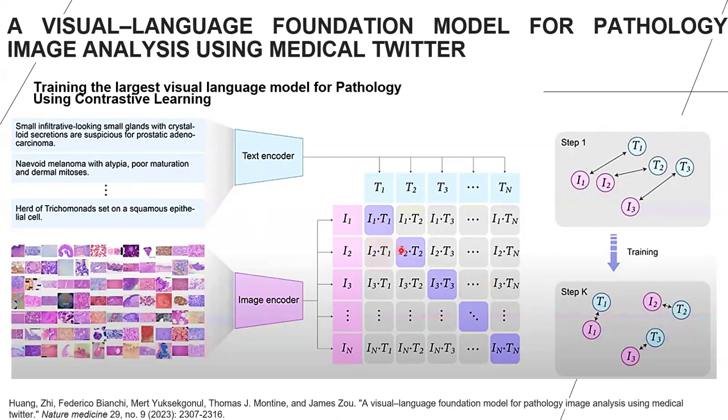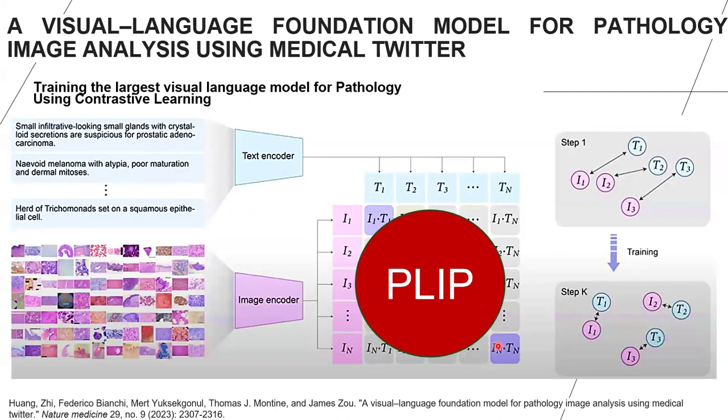The loss for this model is contrastive loss, which is the opposite of cosine similarity. What contrastive loss does is maximize the similarity between the same class of image and text, and increase the dissimilarity between opposite classes. So this is the working of PLIP.